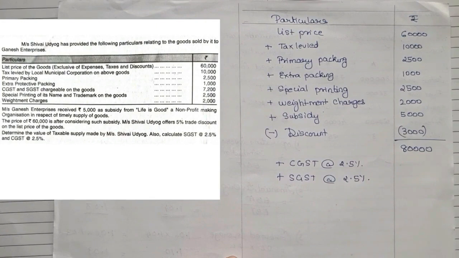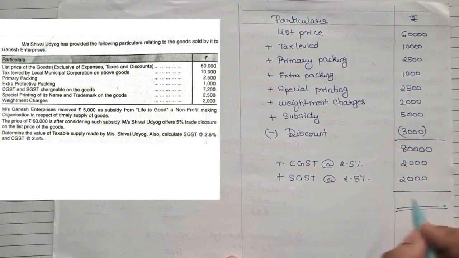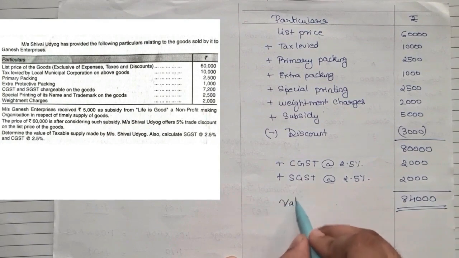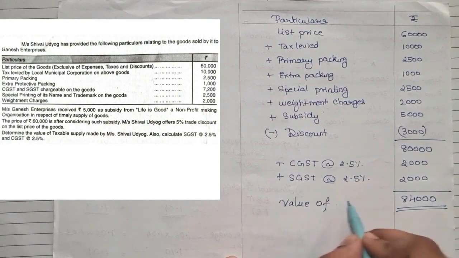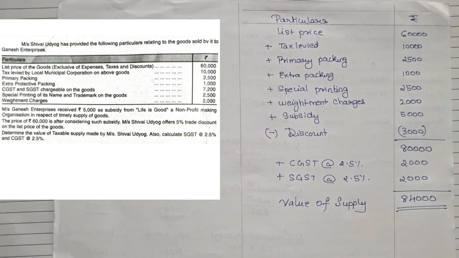So 80,000 into 2.5% is 2,000. 2,000 is CGST, 2,000 is SGST. When you add up, you get the total value as 84,000. That is nothing but value of supply, 84,000 rupees.